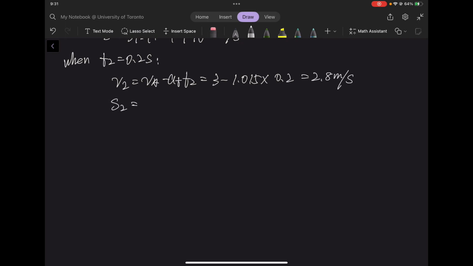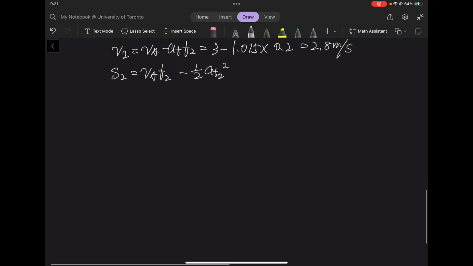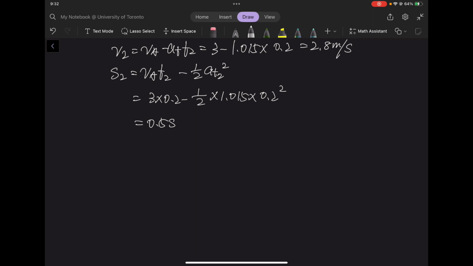S2 is equal to VA times t2 minus 1 over 2 AT t2 squared, which is 3 times 0.2 minus 1 over 2 times 1.015 times 0.2 squared, equal to 0.58 meter.